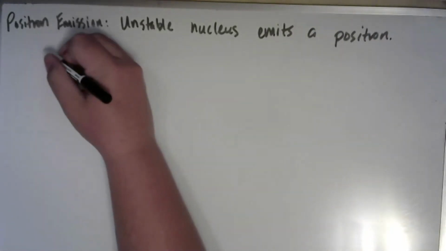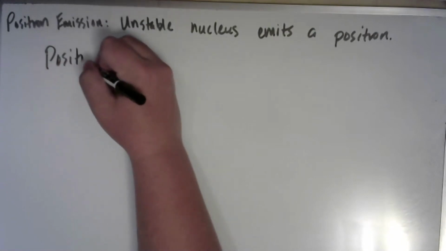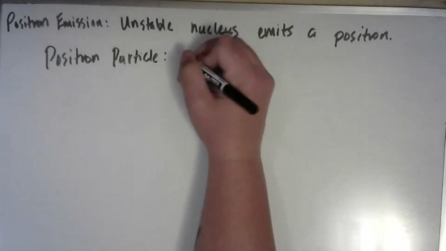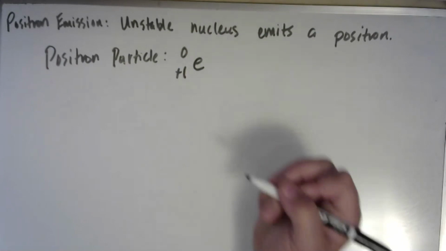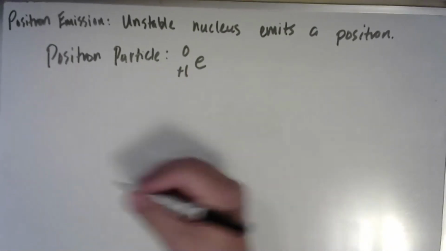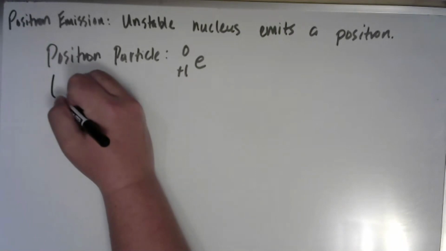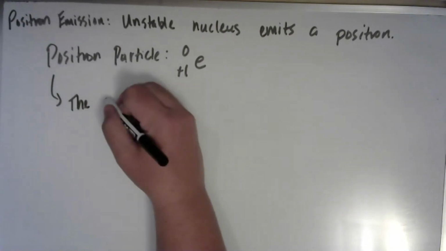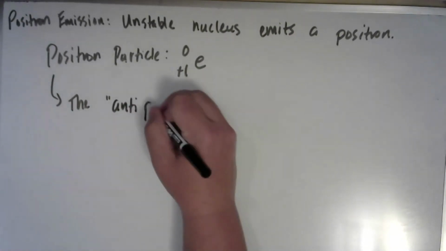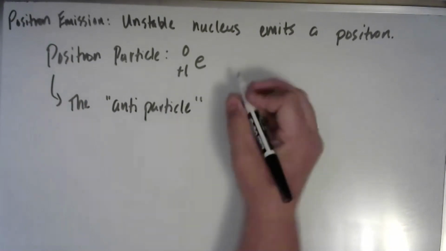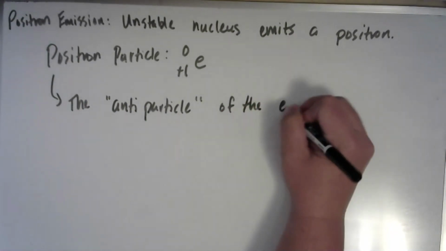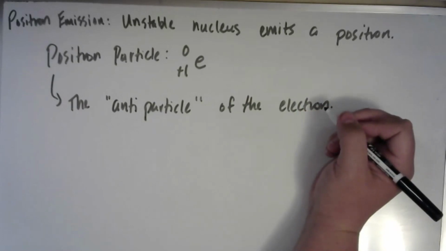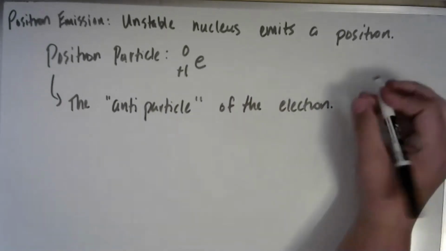Your positron particle is going to look like this. Your positron particle is called the antiparticle of the electron. It's going to have the same mass as an electron, but the exact opposite charge.